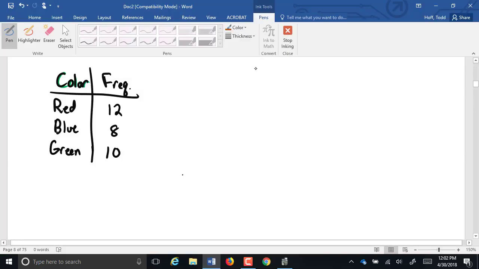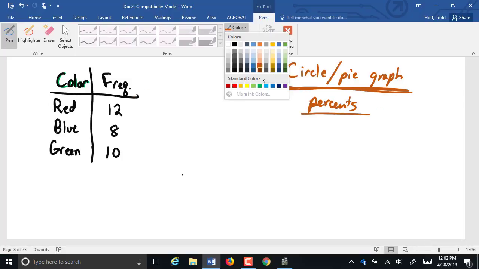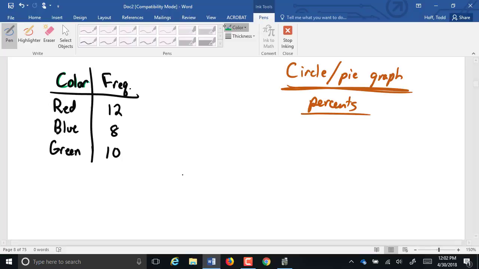Well, another graph that we might construct is a circle graph or a pie chart. Circle graph or a pie chart normally goes off of percents. So if I look at this here, one of the first things I would have to do with my data is convert it into percents.